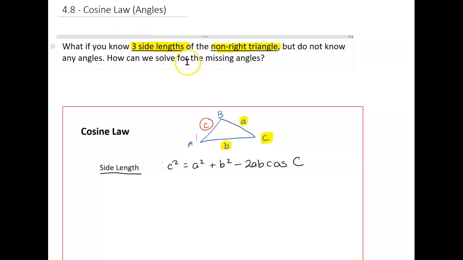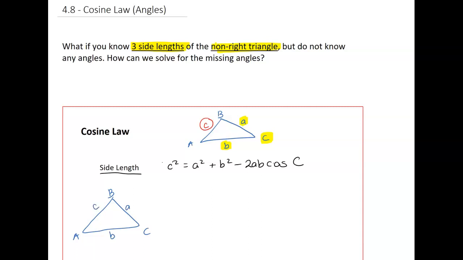But now we're asked what happens if we have a triangle and we don't have the angle C. And so now we're given the same similar triangle, A, B, C, but instead we're going to have the side length A, B, and C, and that's all we know.